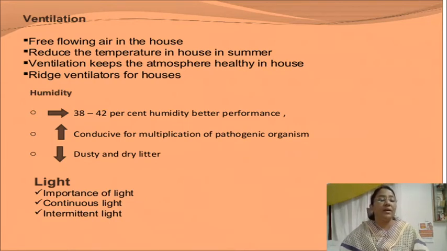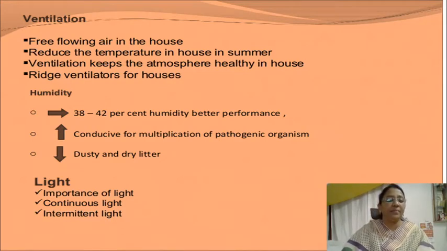So, proper ventilation should be there for poultry houses. Free flowing air in the house reduces the temperature in summers, by tying wet cloths around it or flowing water around it to maintain the temperature inside. Ventilation keeps the atmosphere healthy in the house. Rich ventilation for houses is very important.